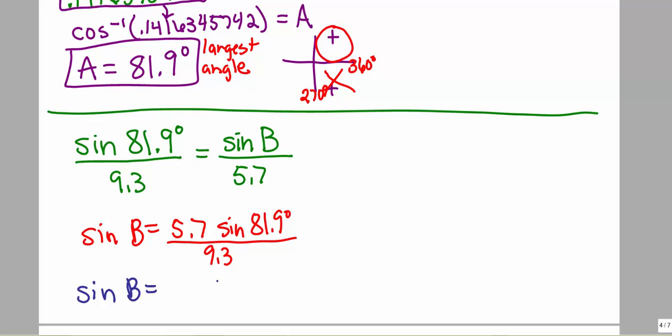So we get sine B is equal to 0.606724558. So put that into the inverse function. So sine inverse of all of that.